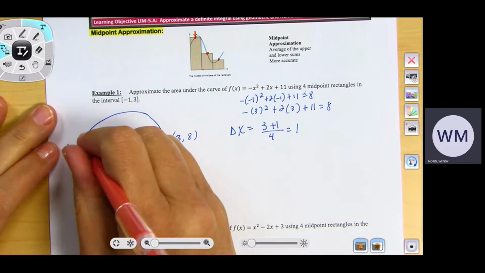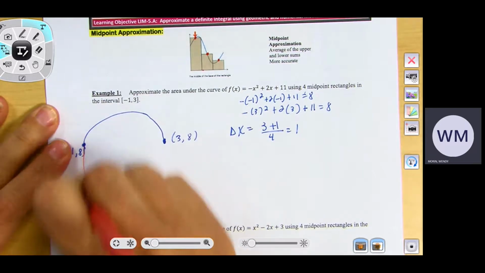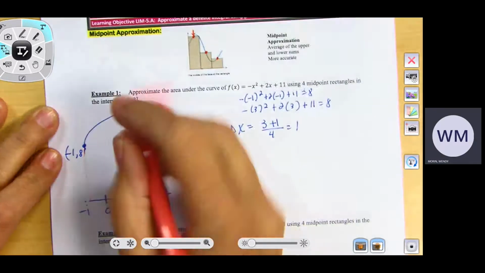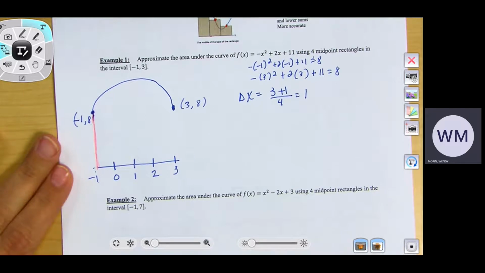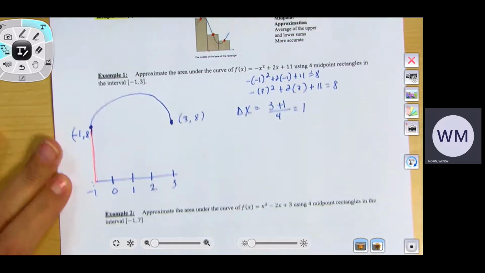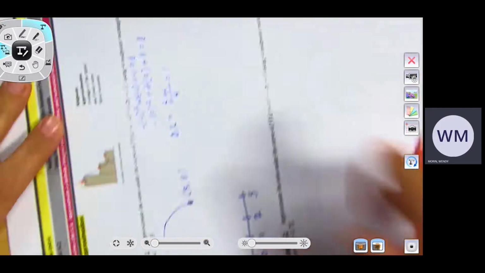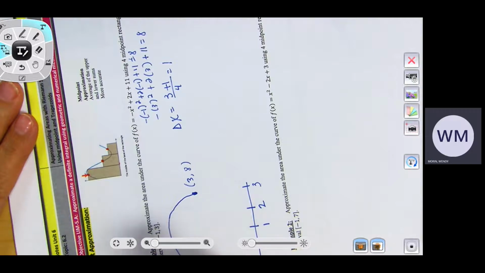So I know that, whoops, turn this sideways. This is going to be a rectangle. Sorry, I'm going to turn it sideways just because it's easier for me to draw a straight line. There will be another rectangle, another rectangle.